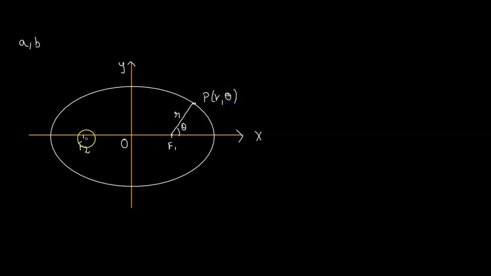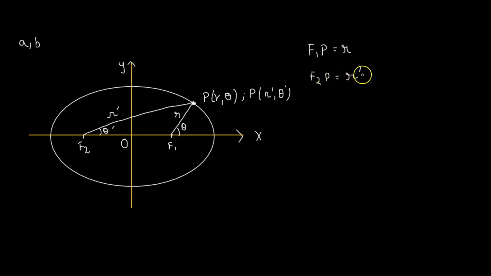And if the origin is considered at focus f2, then from this origin, the coordinate of that same point P will be given by r prime comma theta prime. So we have f1P, this distance, given by r, and f2P, this distance, given by r prime.